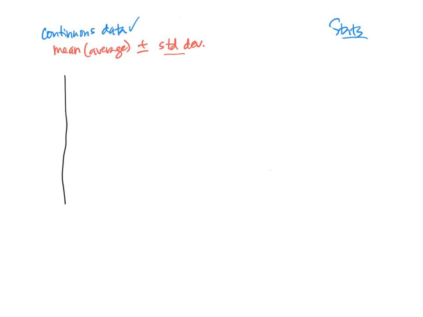Let's draw a graph that shows some data on it. And on our y-axis, this is what we're measuring, of course. This is our dependent variable. And on our x-axis, this is our categories of data. So our categorical variable is down here. This is one of the things that we're changing.